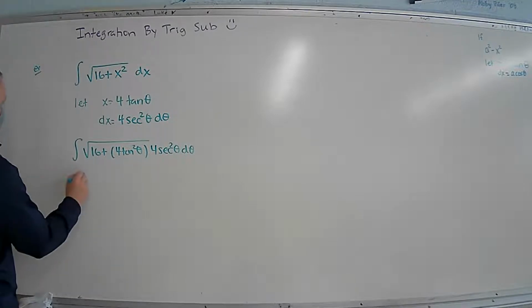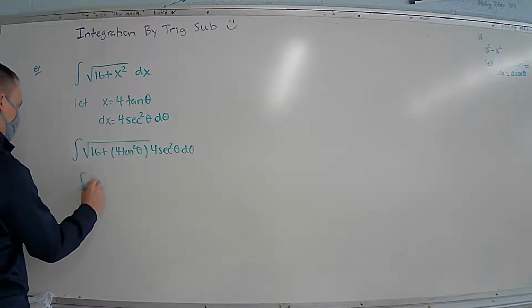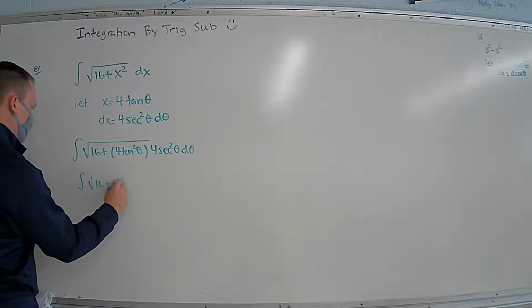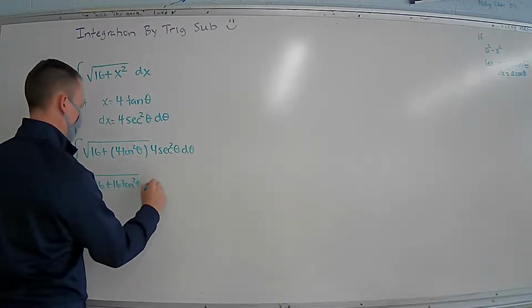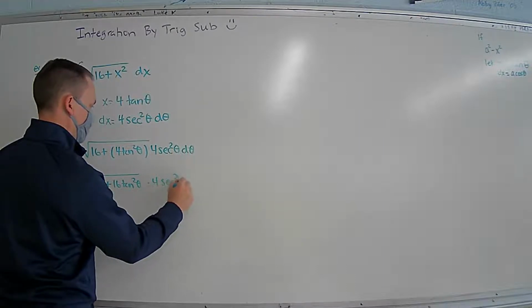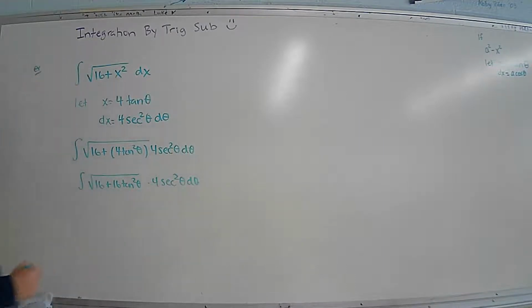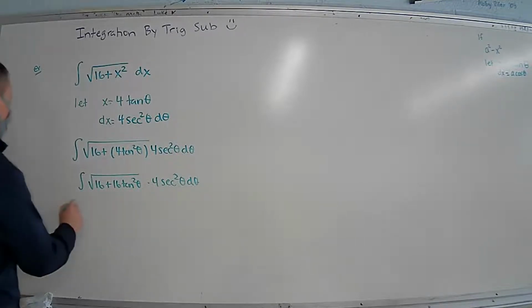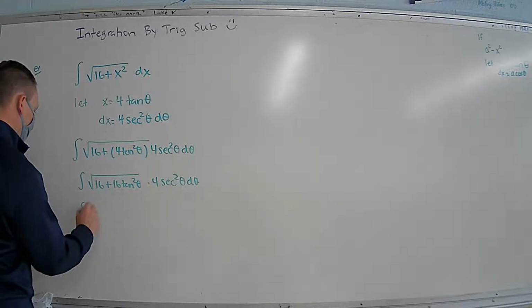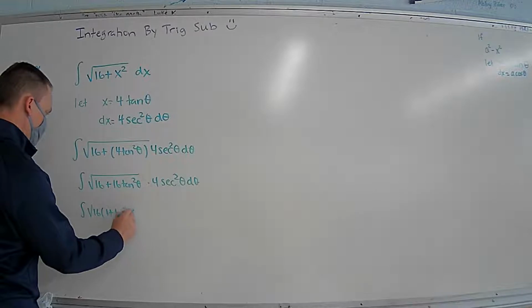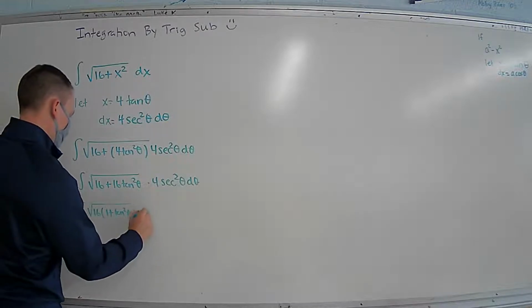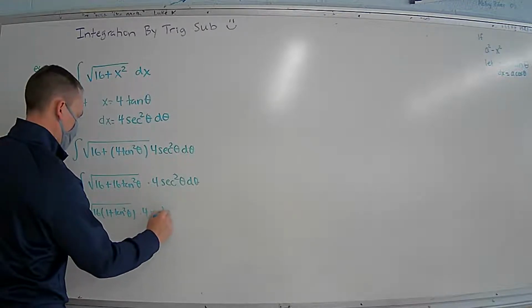So this is going to be 16 plus 16 tangent squared theta times 4 secant squared theta. So that's 16 times 1 plus tangent squared theta times 4 secant squared theta.